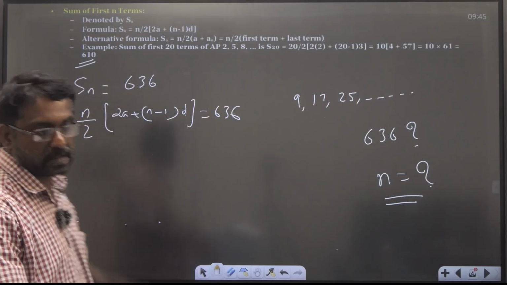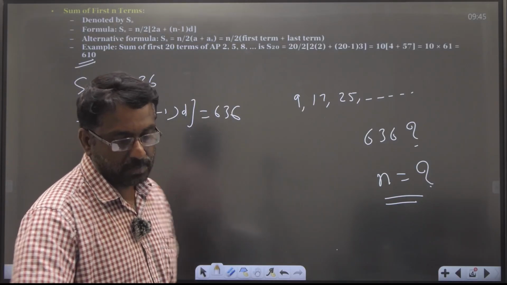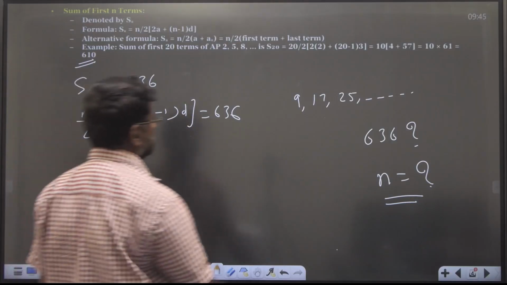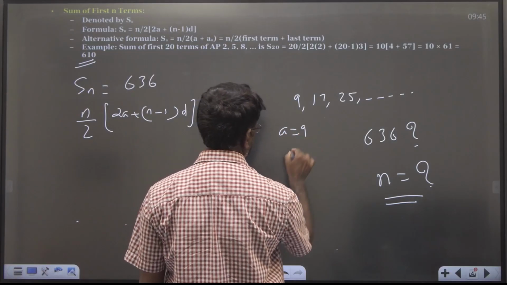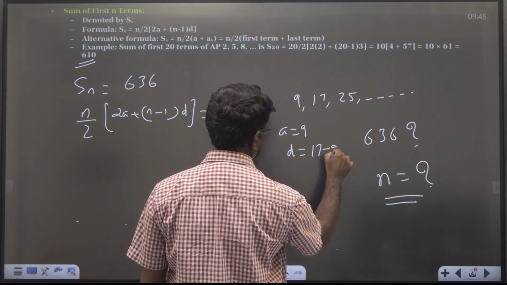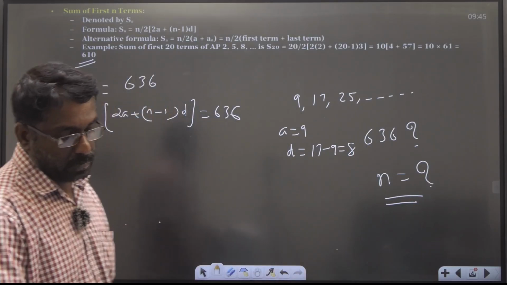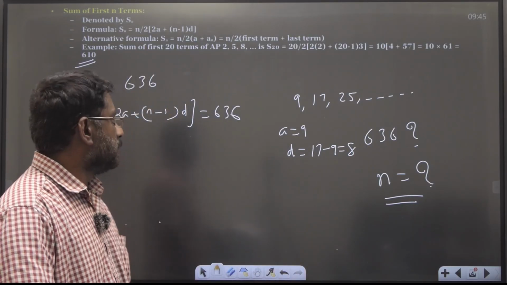The sum is given as 636. So what is a here? A is equal to 9. What is d here? 17 minus 9, that is 8.